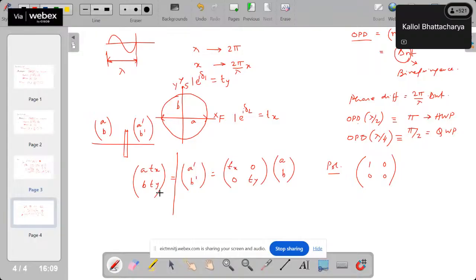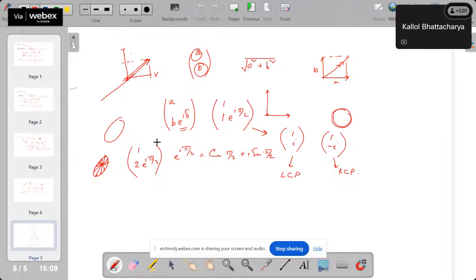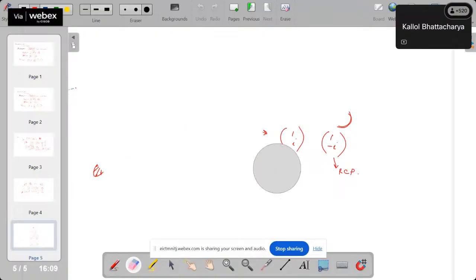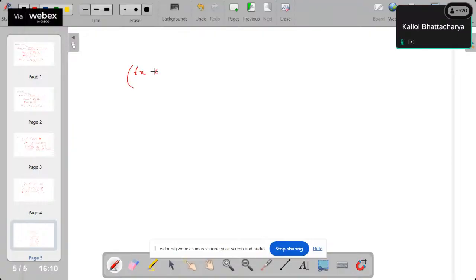We have Tx, 0, 0, Ty, and this tells me that the Jones matrix for a polarizer whose transmission axis is along the x direction is 1, 0, 0, 0.